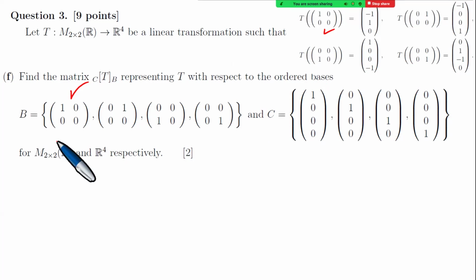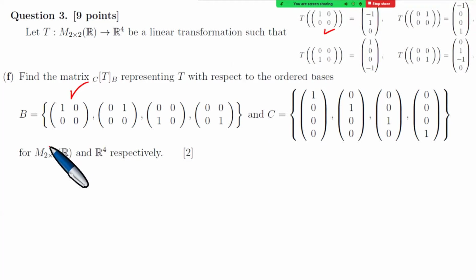Now, what are we able to say about any vector? Every vector, like this vector, can be written as a linear combination of the basis vectors. And with that in mind, we can do what is required.